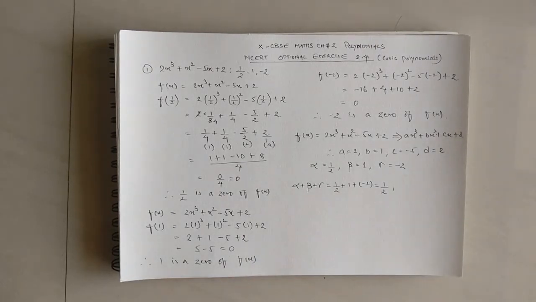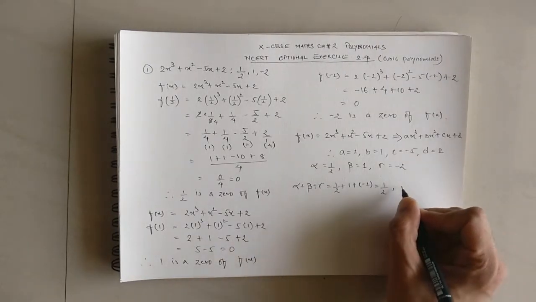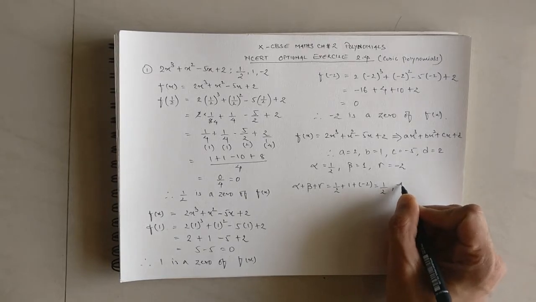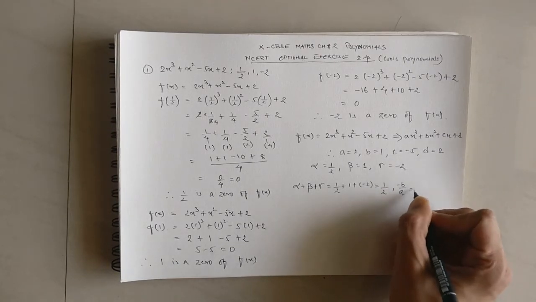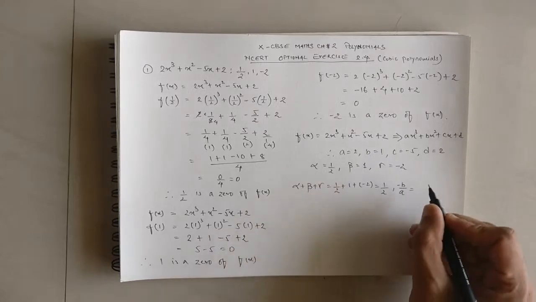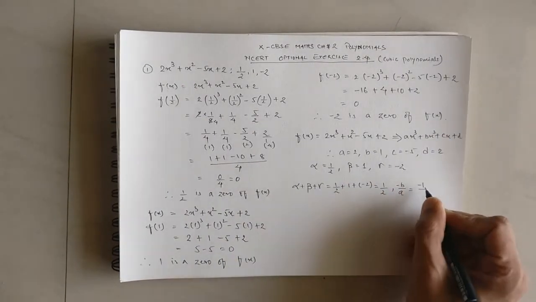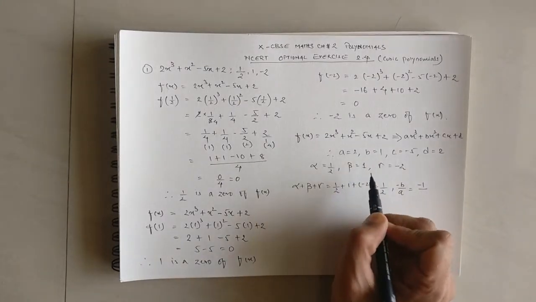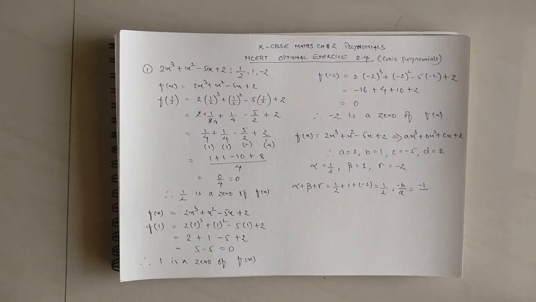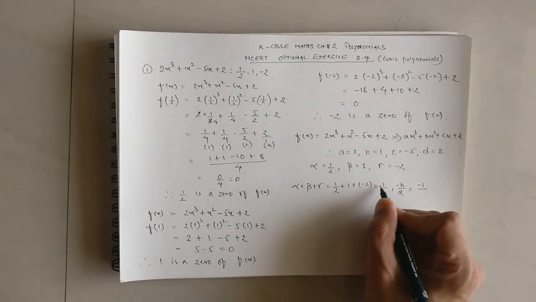Alpha plus beta plus gamma should be equal to minus b by a. Now what is b? b is 1, so minus 1. And a is 2. The answer should be minus 1 by 2, correct.